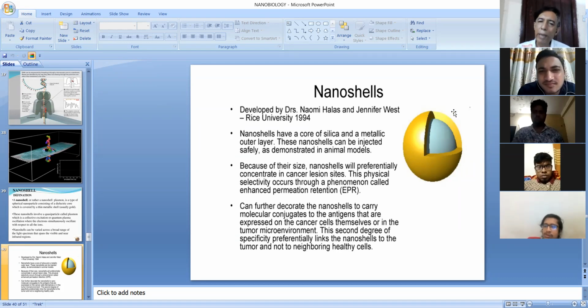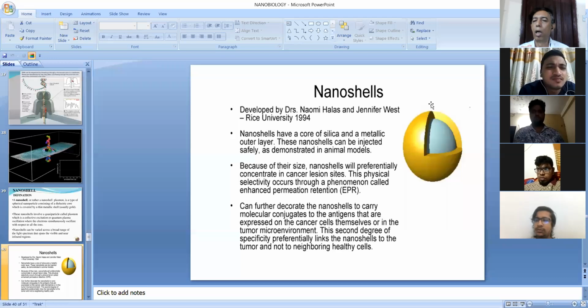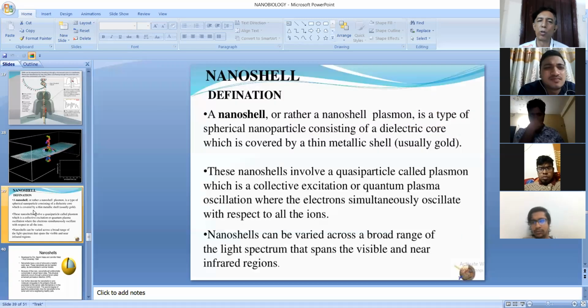So the nanoshell is, say for example, this is a silicon sphere, and outside it, it is a gold sphere. So the core is of silicon, and the shell is of gold. This is known as nanoshell.